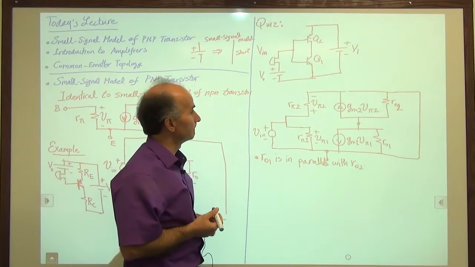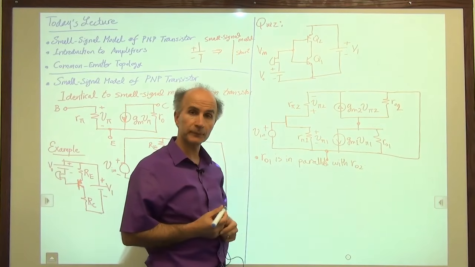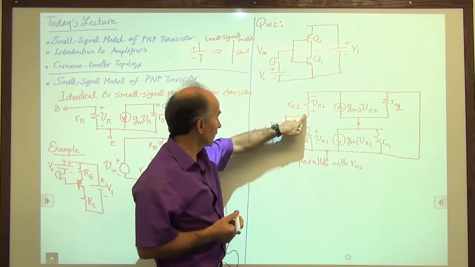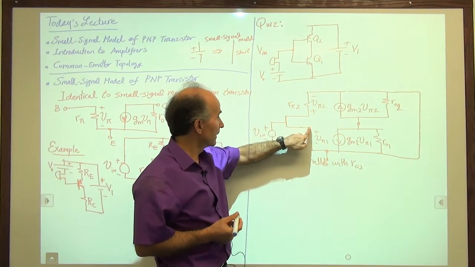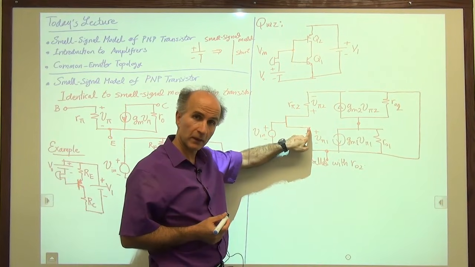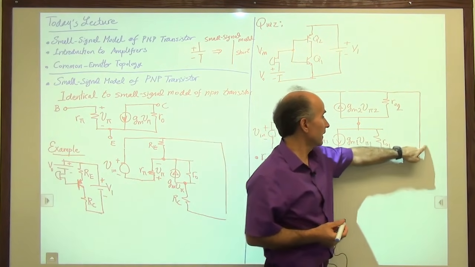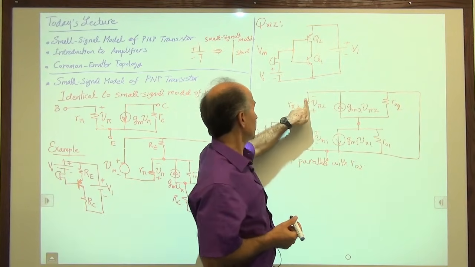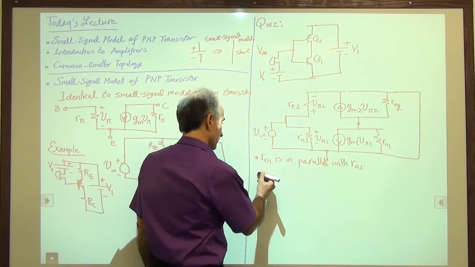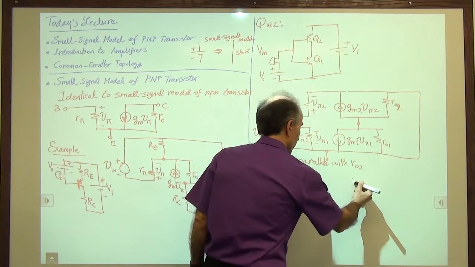Okay, what else? How about RPi1 and RPi2? Well, they share their terminals here. You see that the bottom terminal of RPi2 is connected to the top terminal of RPi1. And the bottom terminal of RPi1 is connected to the top terminal of RPi2. So these two are also in parallel. So RPi1 is in parallel with RPi2.